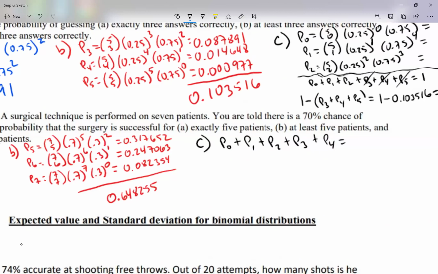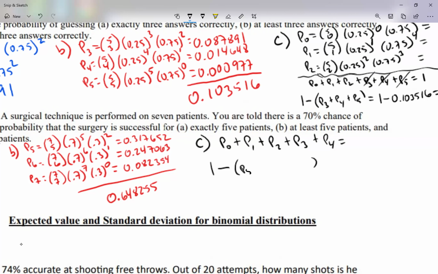That's one way of doing this. Another way I could do this is I can go 1 minus, in a group, the probability of 5 plus the probability of 6 plus the probability of 7. I'm going to use this method instead because I'm going to go 1 minus the probability of 5 plus the probability of 6 plus the probability of 7.